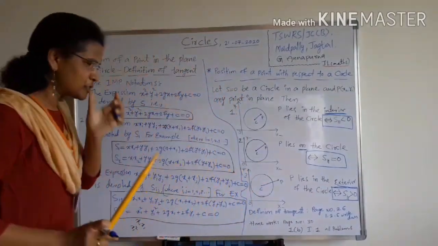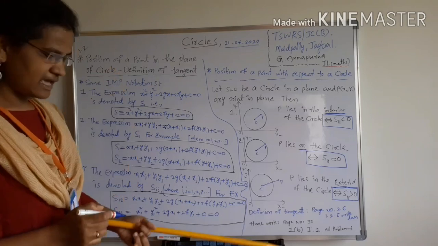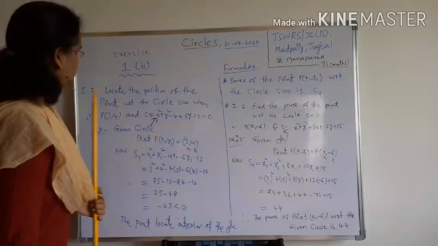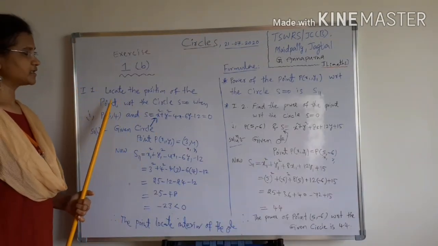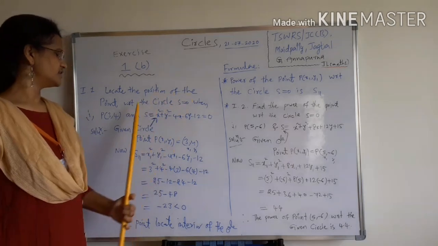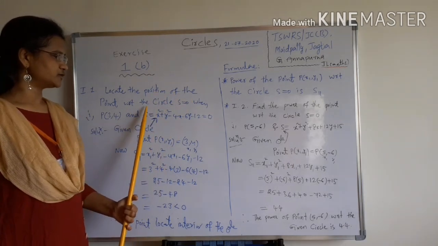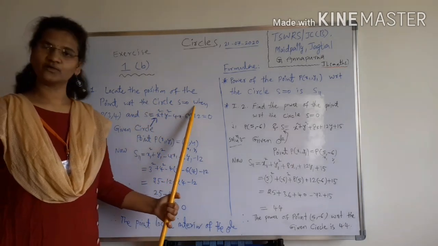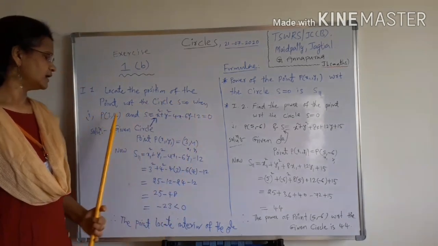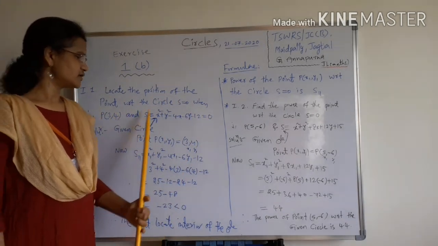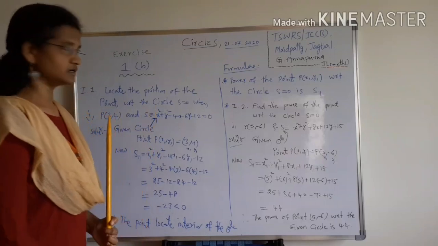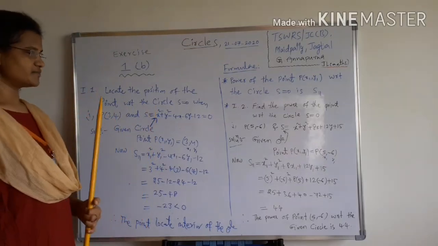Right. So, see, we have to look at the first bit, the first problem. Locate the position of the point with respect to the circle S is equal to 0. So in that first problem, what is the problem?